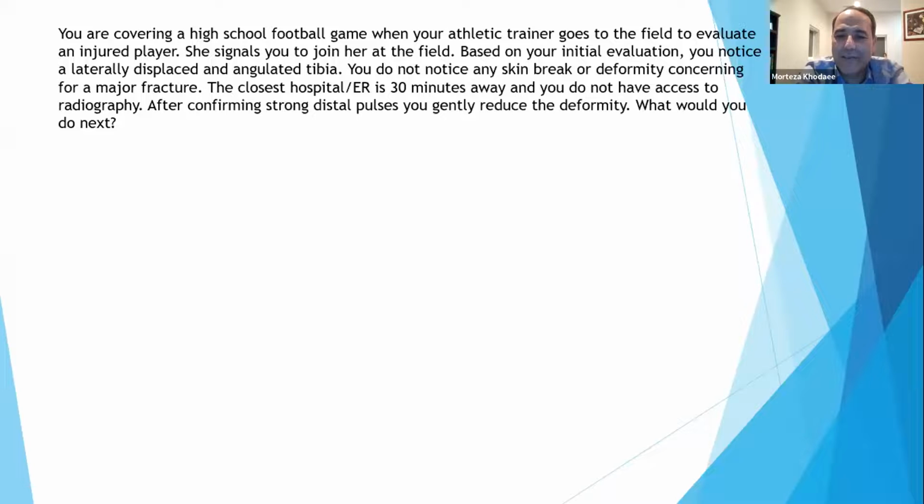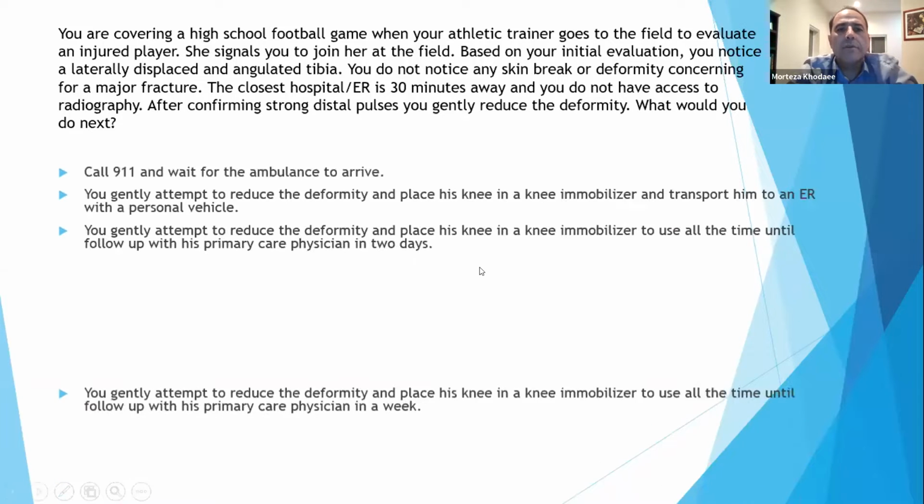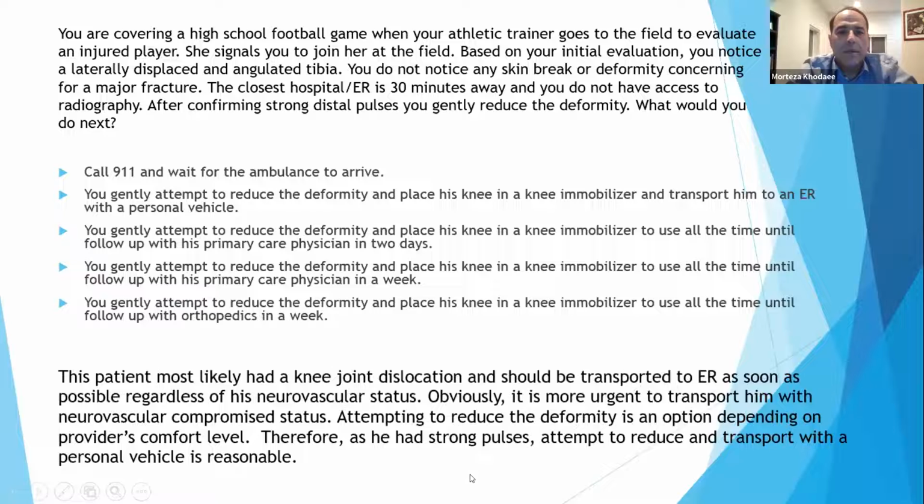That's why I said taking a picture would be good, to show that somebody's covering that. Anyway, yes, you can send that patient. You cannot wait for this; they need to be evaluated as soon as possible.